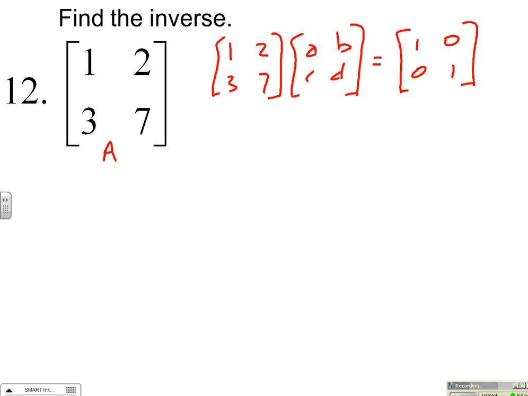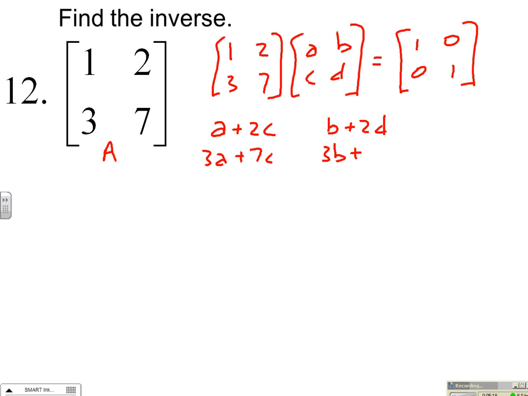So what do we get when we do this matrix multiplication on the left side? I get 1a plus 2c and then I get 1b plus 2d, and then I move to the second row and I get 3a plus 7c, and I get 3b plus 7d.